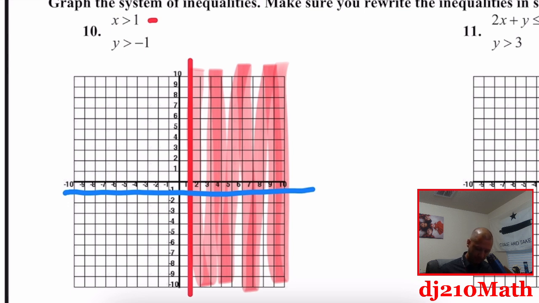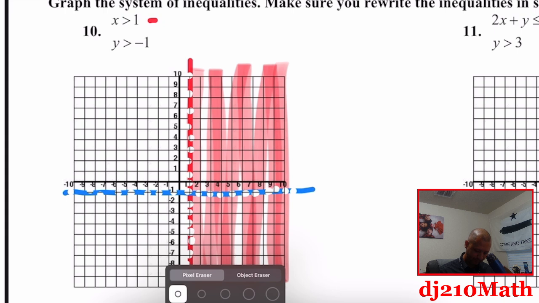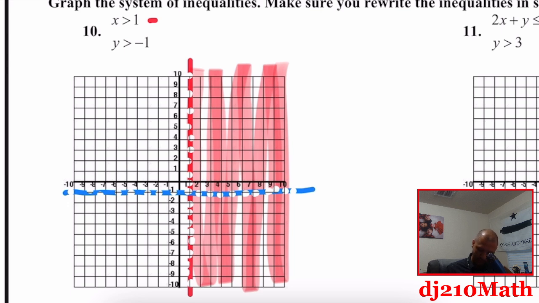Hey, it's supposed to be dotted. Okay, so hold on, I can fix this. My bad. So dotted line, and then dotted line, right? Because it's strictly greater than. Okay. We're going to shade above. So I'll do better in the next one.